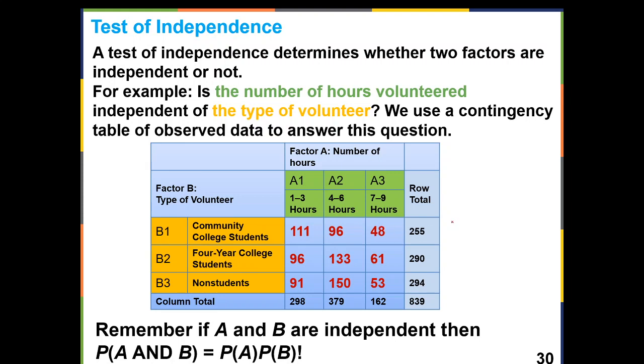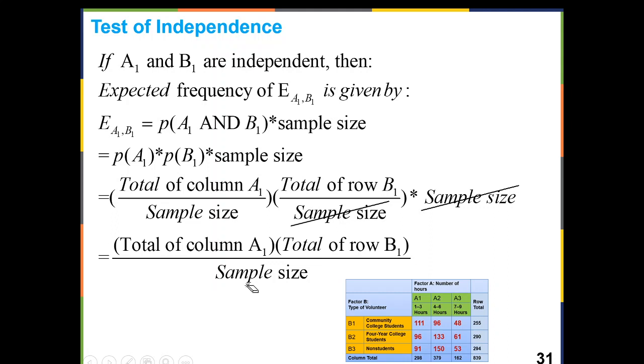Well, to find that probability, we have to take the probability of A1. What's the probability of A1? It would be 298 divided by 839. That's the probability of B1.